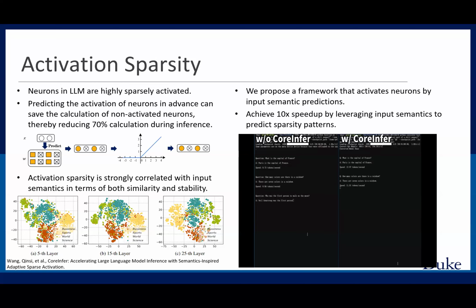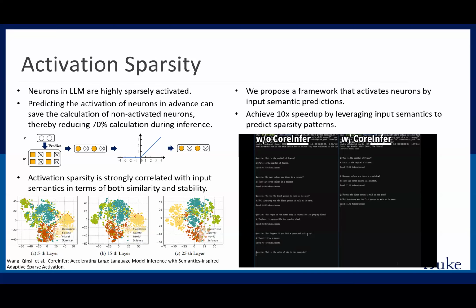In the past, previous approaches usually developed a small network to estimate activation patterns, which usually introduces additional overhead. So we propose a framework called Core Infer, based on the observation that activation sparsity is strongly tied to input semantics in terms of both similarity and stability.